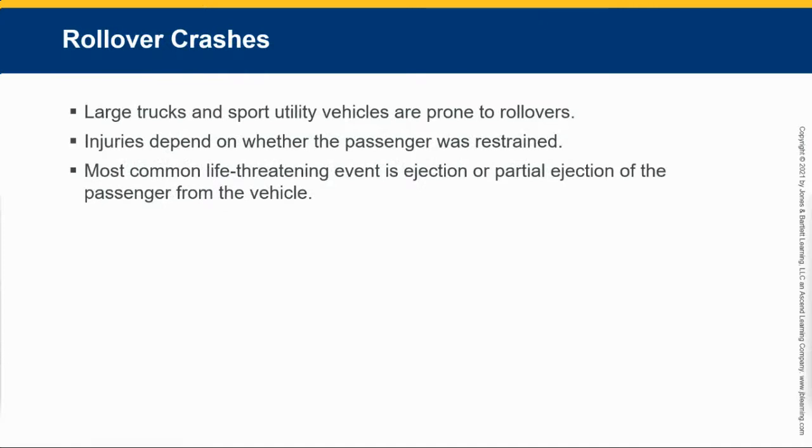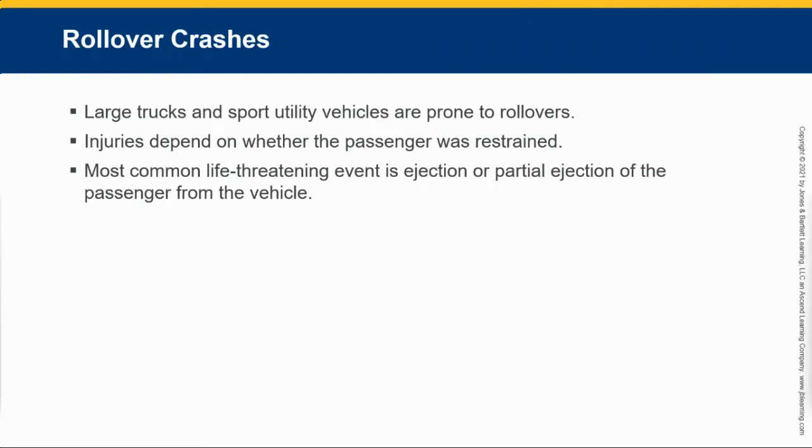The rollover crashes are probably the most difficult to determine as far as mechanism of injury. We know that it took significant force to make a vehicle roll over, but any vehicle with a high center of gravity is more prone to a rollover than a vehicle with a lower center of gravity. Injuries are going to depend on whether the patient was restrained, but also we don't know about flying debris inside the car.